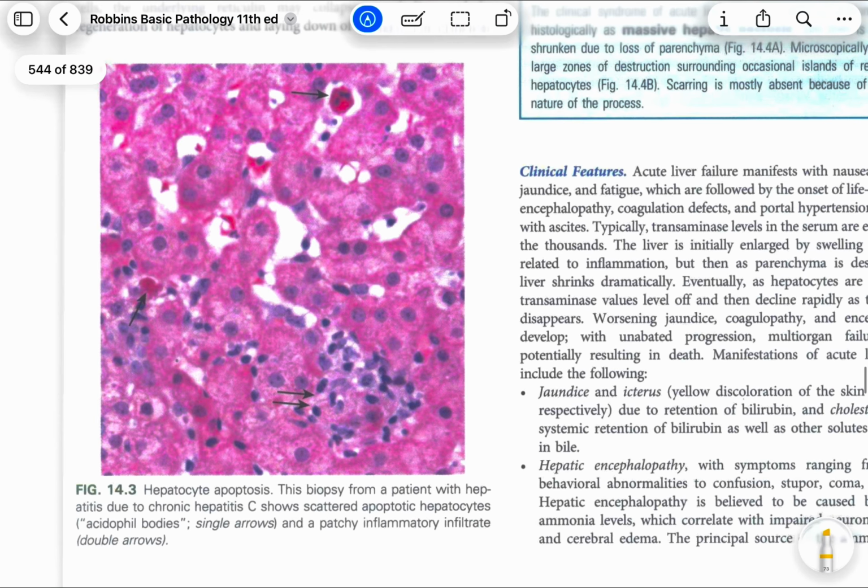In this photomicrograph, above we saw necrosis, and here we can see hepatocyte apoptosis. We can see scattered hepatocytes which are apoptotic, and they have a patchy inflammatory infiltrate also.